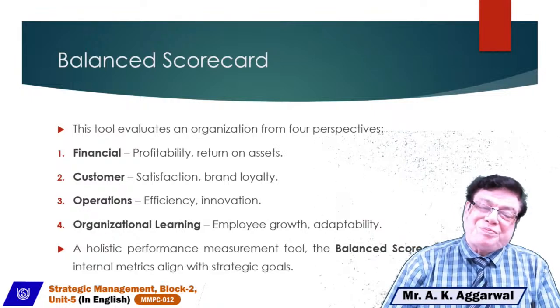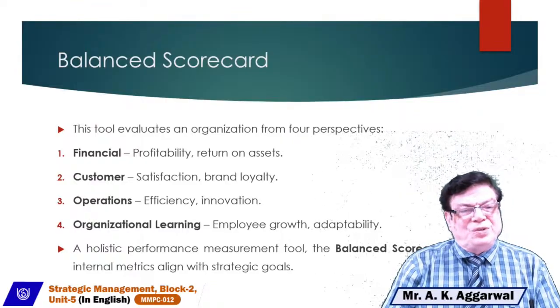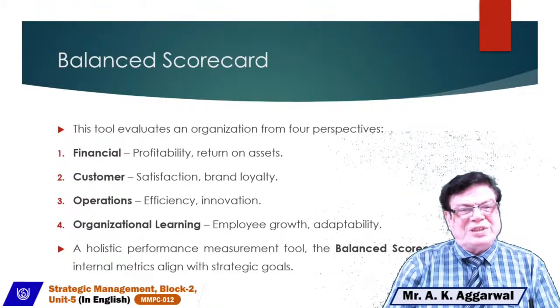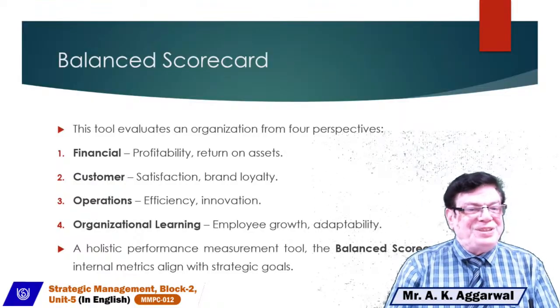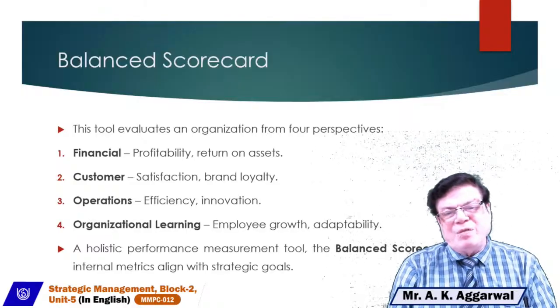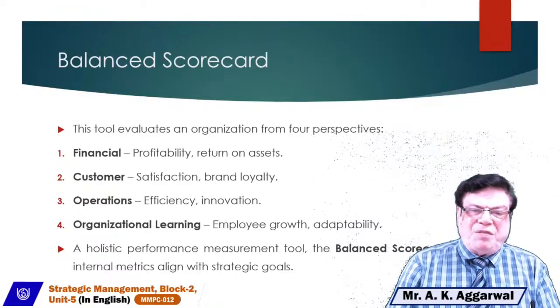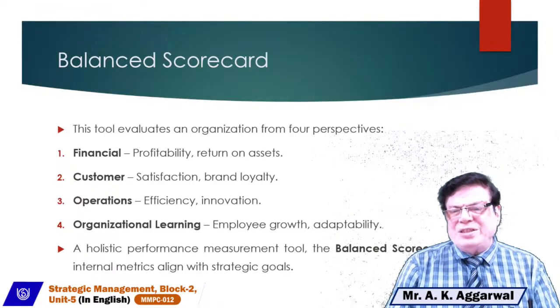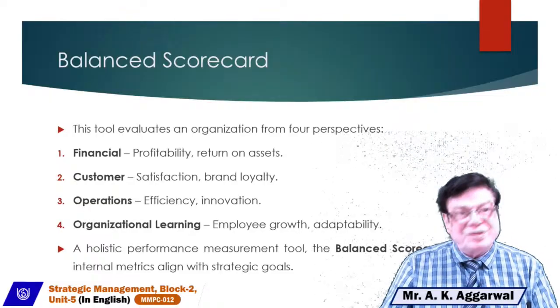Next is customer: whether they are satisfied, customer satisfaction and brand loyalty. Then operations: efficiency of the company, innovation. Then organizational learning, employee growth and adaptability. A holistic performance measurement tool, the balanced scorecard ensures internal metrics align with strategic goals.